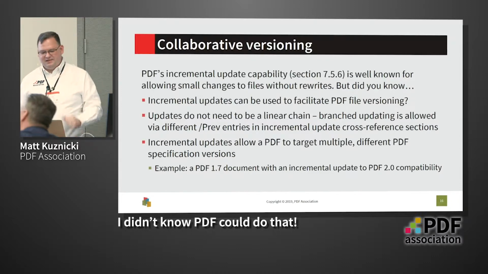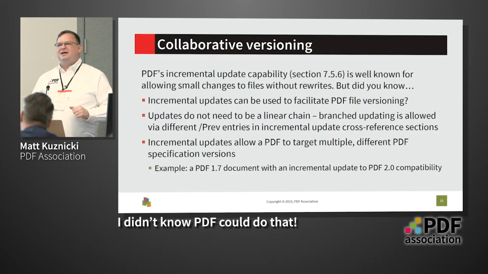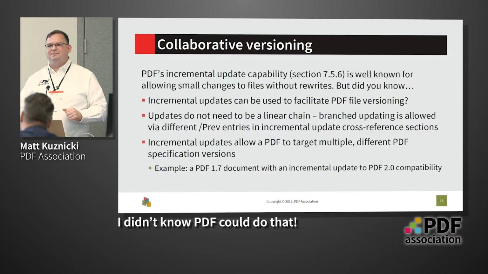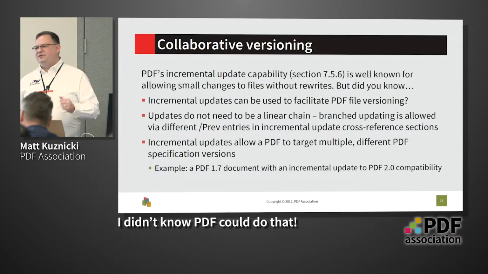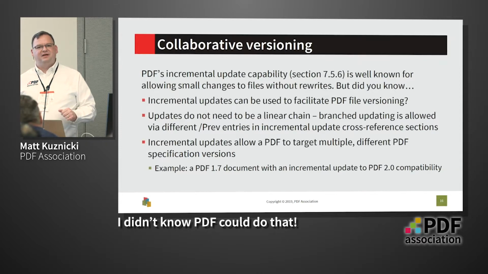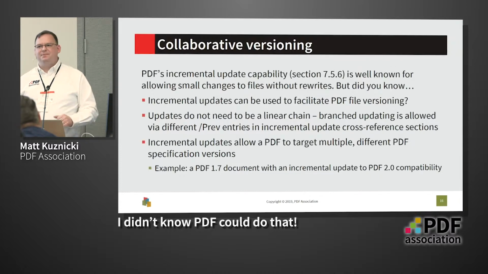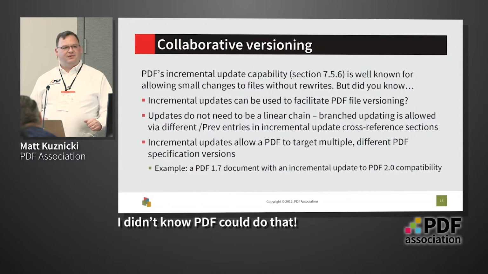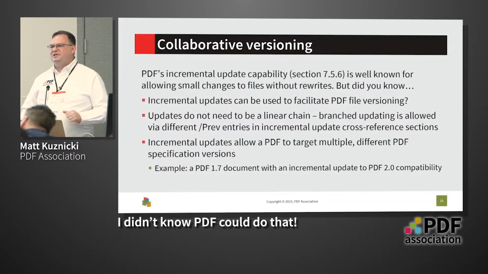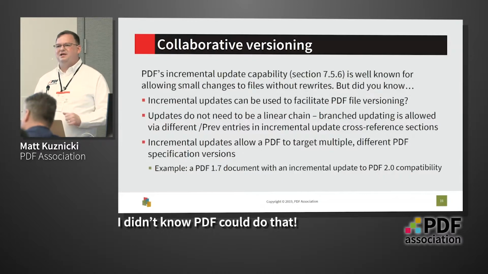Incremental updates also allow the creation of PDFs that are standards compliant with more than one version of PDF. So for example, if you have a PDF that you want to support PDF 2.0 capabilities, but you also want to make sure that earlier systems that don't support PDF 2.0 can handle these.